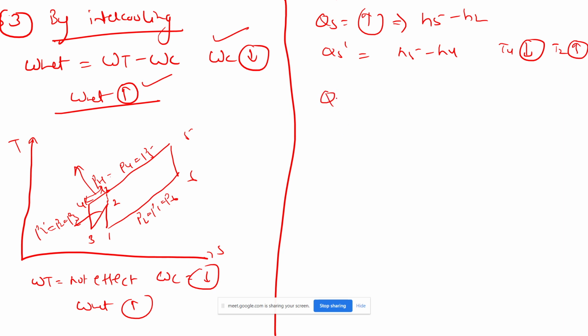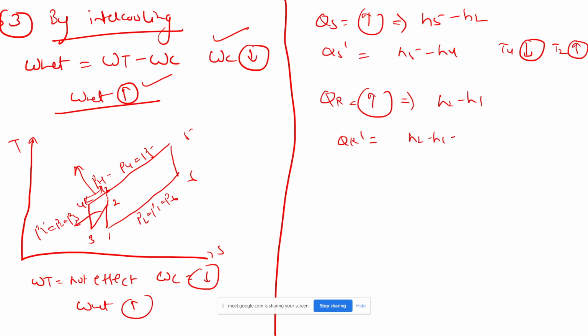What will be the effect on the heat rejection? Yes, it will increase, because previously it was H2 minus H1. Now, what will Q_L dash be?